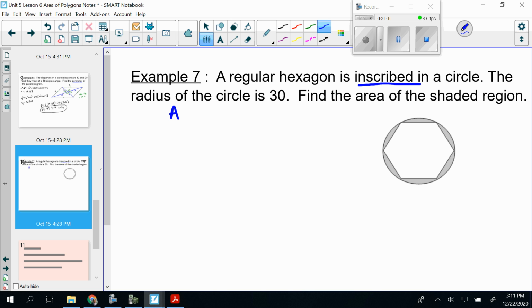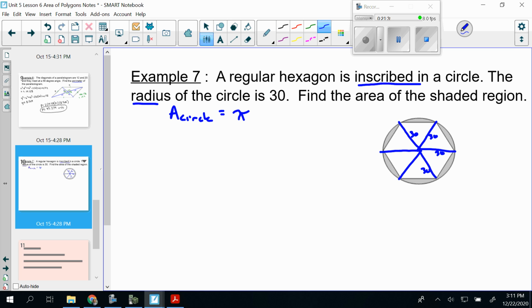So let's start with the area of the circle. It would be pi r squared. That's one you should know. Our radius here, we don't quite know yet, so we're going to have to find that. Oh, sorry, no, I guess we are given it. Radius is 30, so if we draw these in to the outside, each of these is 30.